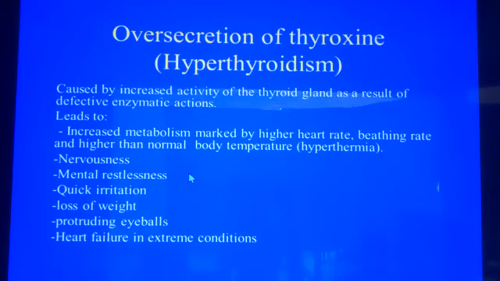Now, this may lead to nervousness, quick irritation, and then loss of weight, protruding eyeballs, and heart failure, especially in extreme conditions. So these are some of the few symptoms that can show hyperthyroidism.